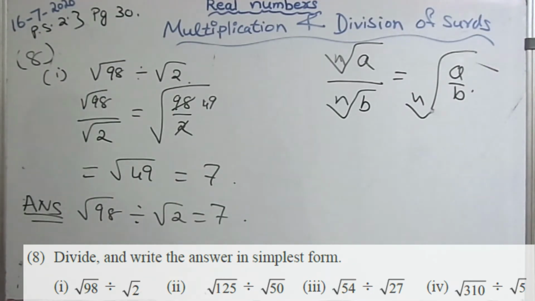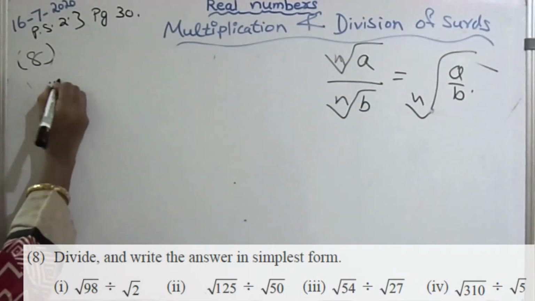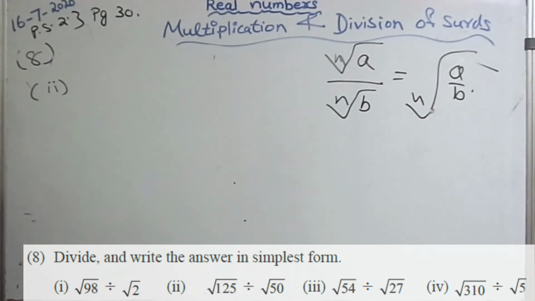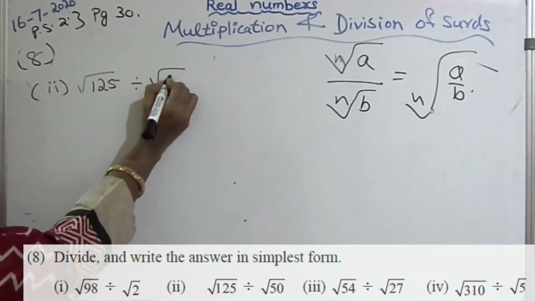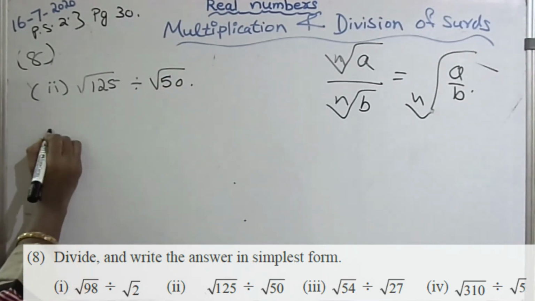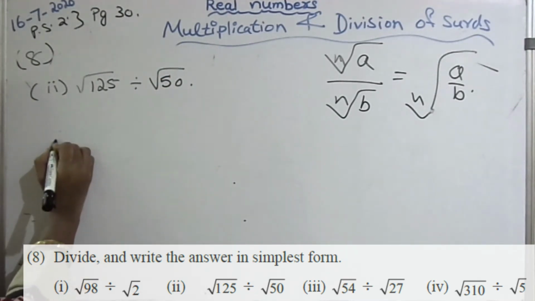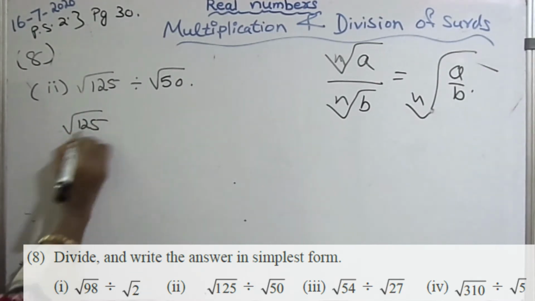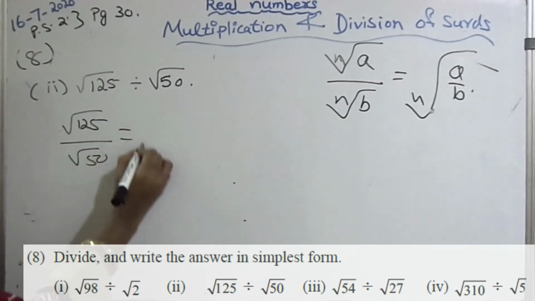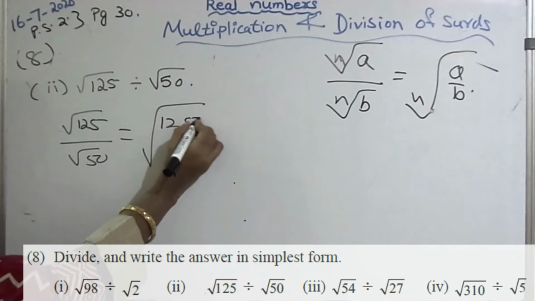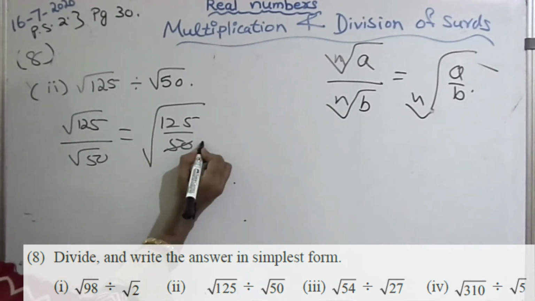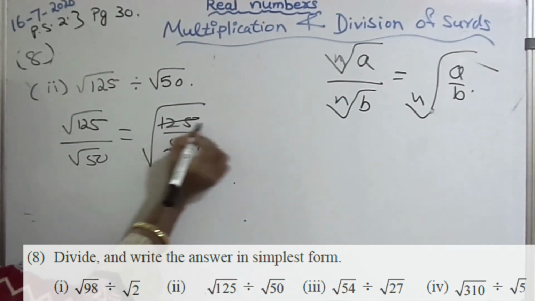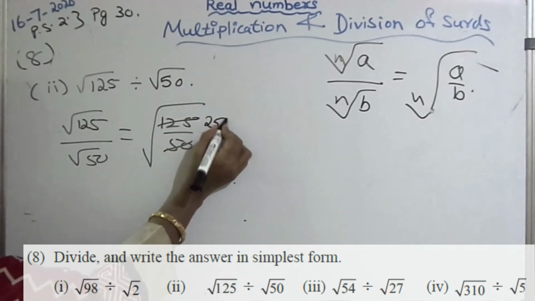Second sum. Root 125 divided by root 50. Same procedure. You can write down root 125 divided by root 50 is equal to a common root of 125 upon 50. Now you know which is a common table that goes in both: 5. 5 goes how much? 10. And 5 goes in this how much? 25.